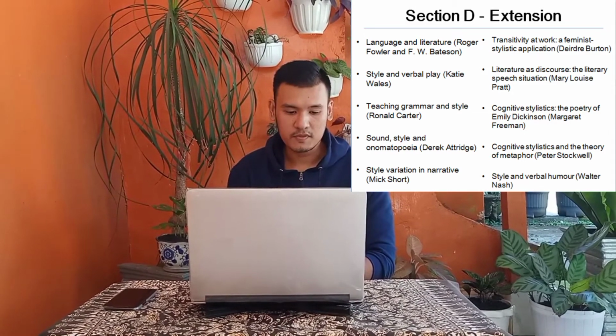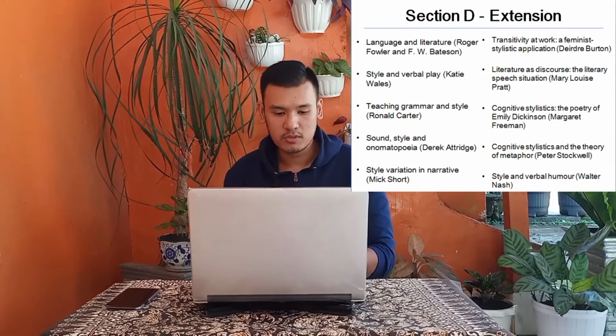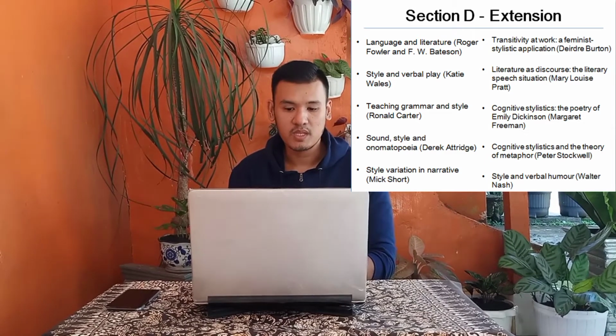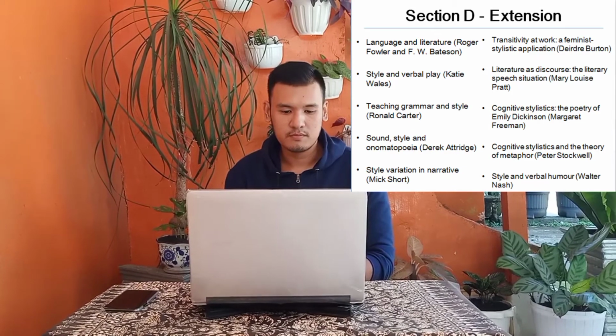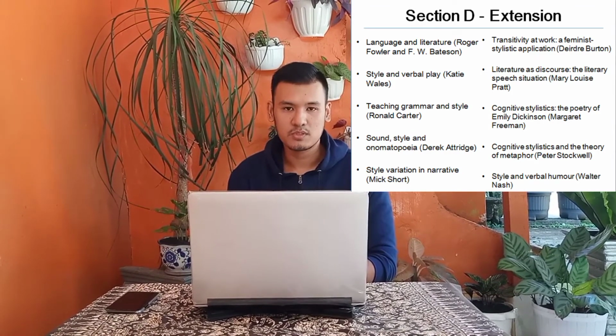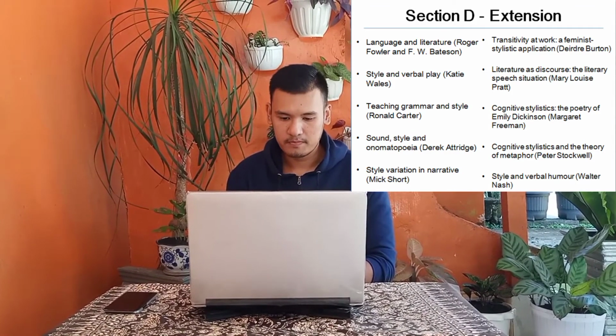And then for cognitive stylistics, The Poetry of Emily Dickinson by Margaret Freeman. So that is the extension of the book, where the sources are from scholars of the world.